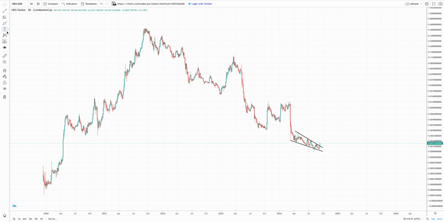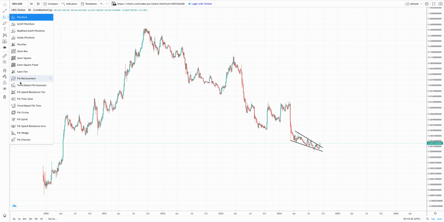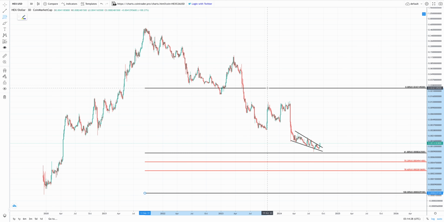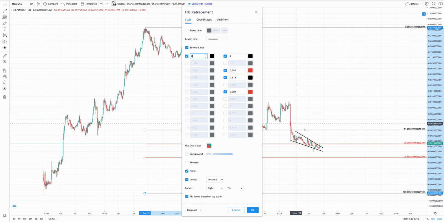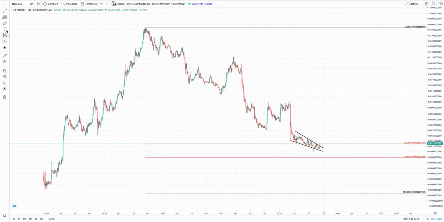And what do we see over here? We see that the price is within oversold territory, which is determined by the Fibonacci support levels.